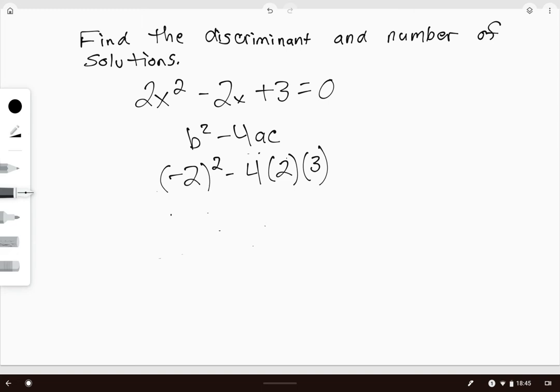So then negative 2 squared is going to be a positive 4. Minus, so 4 times 2 is 8, and then 8 times 3 is 24. So 4 minus 24 equals a negative 20.